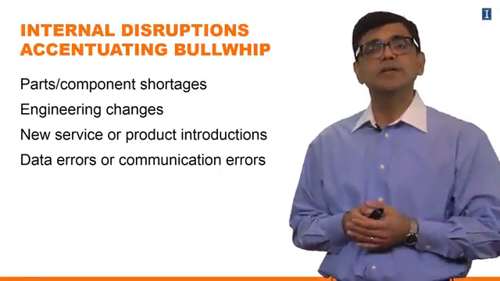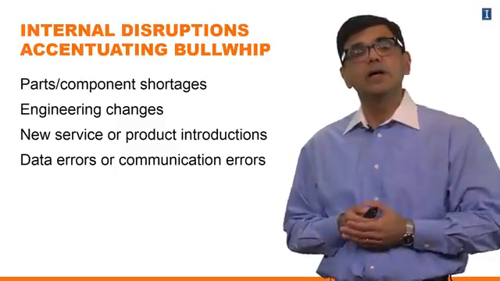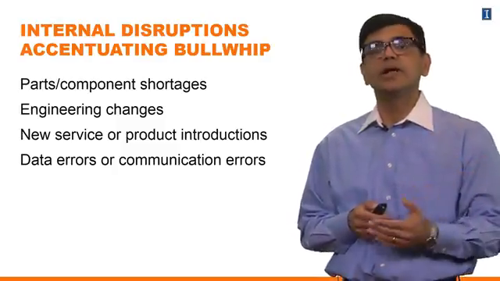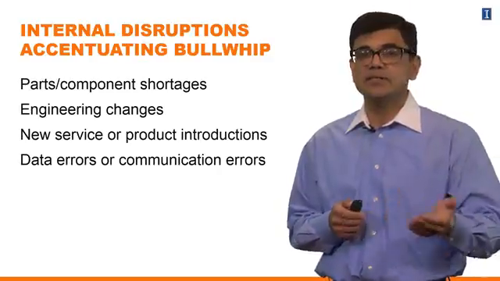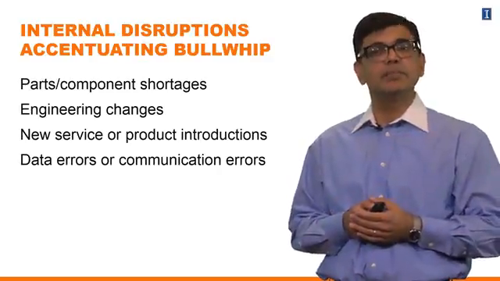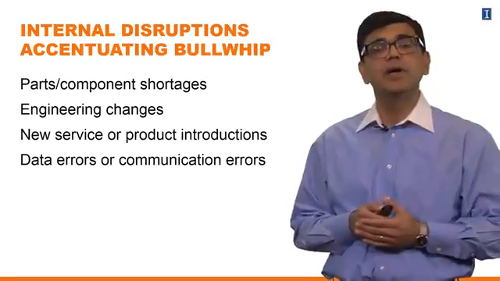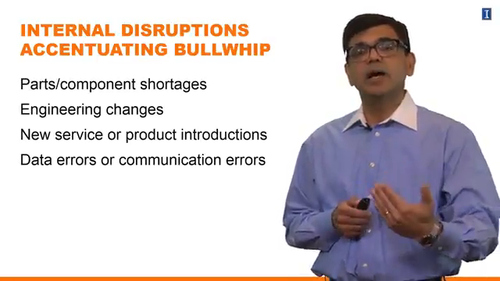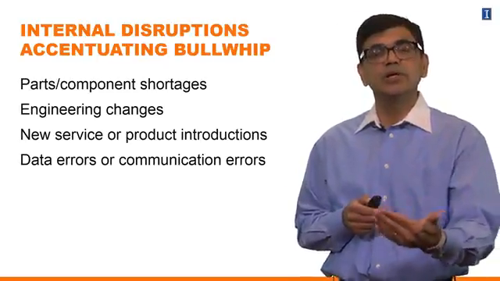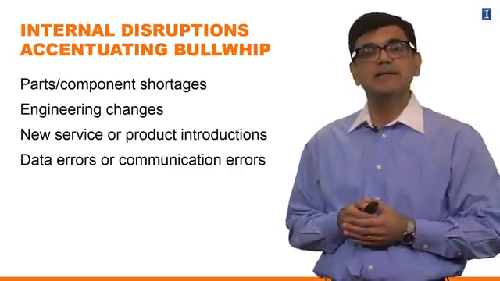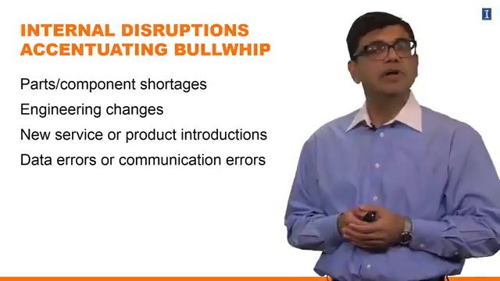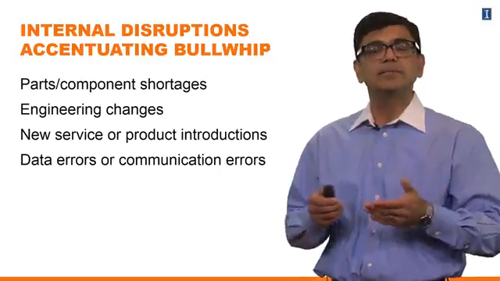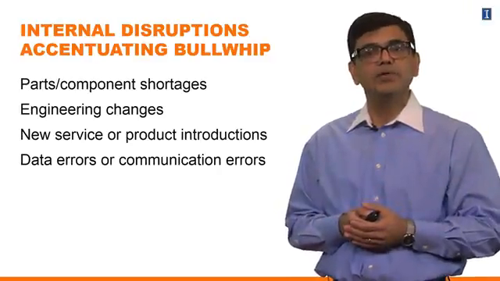If there are errors in terms of the orders, instead of ordering 1,000 cases, if the order went in for 100 cases or the other way around, that's going to cause excess inventory for a temporary period of time or less inventory for a temporary period of time. You might compensate in the next order, and that can be seen as a signal of increasing or decreasing demand, thereby increasing the variation in the demand and supply, again, making the bullwhip effect even worse.